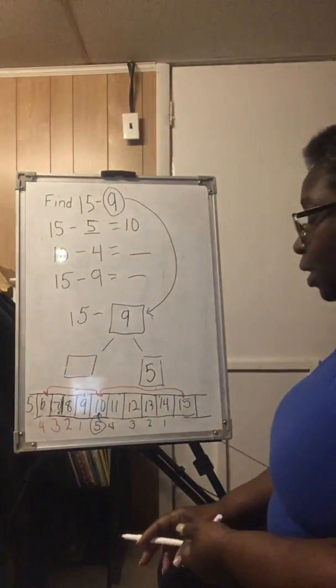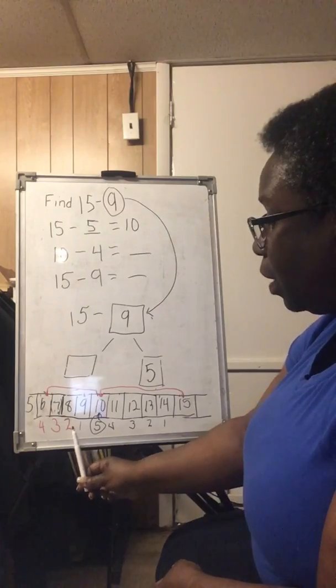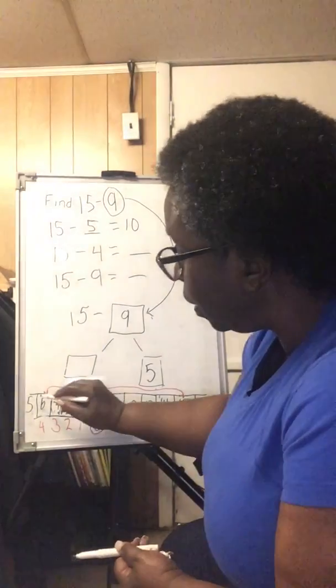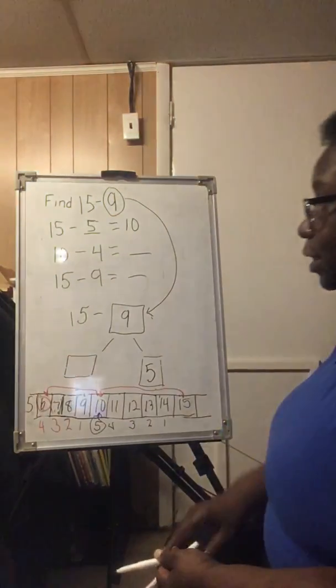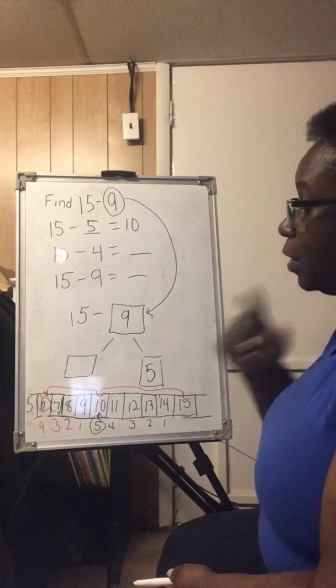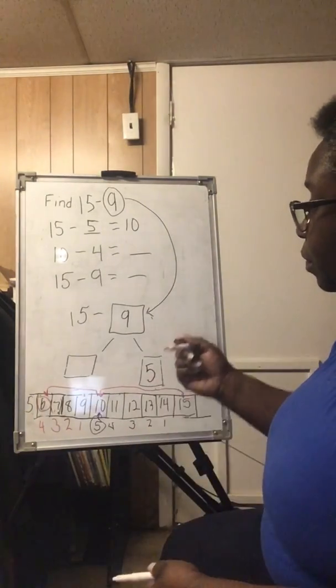Let's put 5 right there because it's not our end number. Okay? So they went back 1, 2, 3, 4 spaces, and we ended up on our number 6. So 10 minus 4 gave us what number?